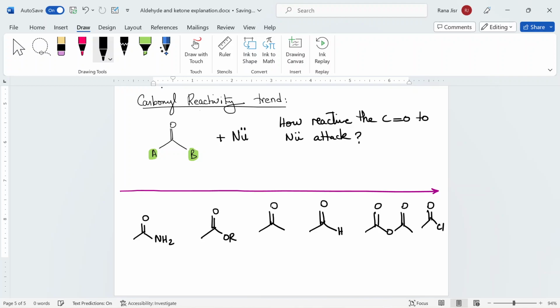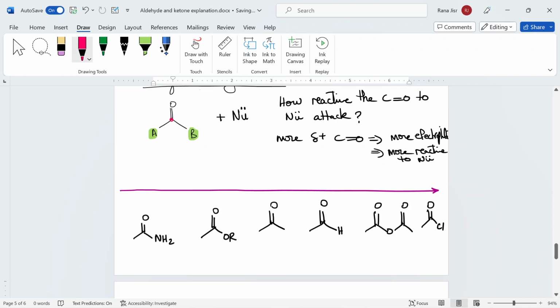The rule says that the more partial positive the carbonyl is, the more electrophilic it is, and this is going to make it more reactive to the nucleophile.